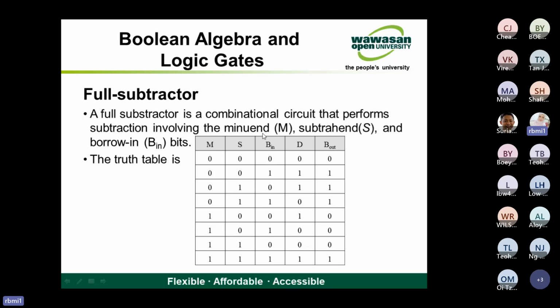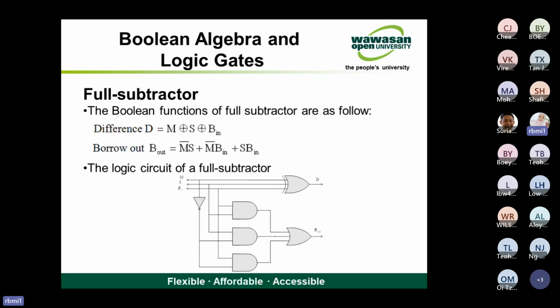This is the truth table with M, S, B in, and same as the half subtractor, we have difference and the borrow B out. From the truth table, we can derive the logic expressions for the difference D and B out. Here we have the Boolean functions for the full subtractor.